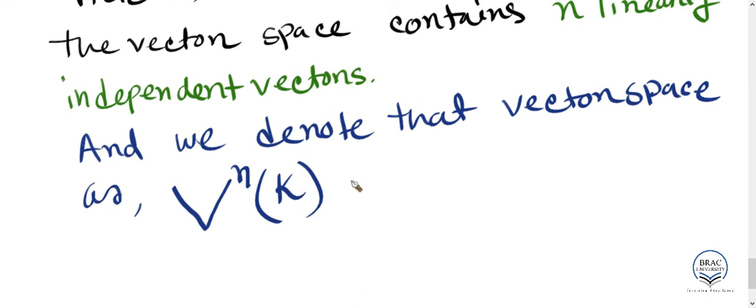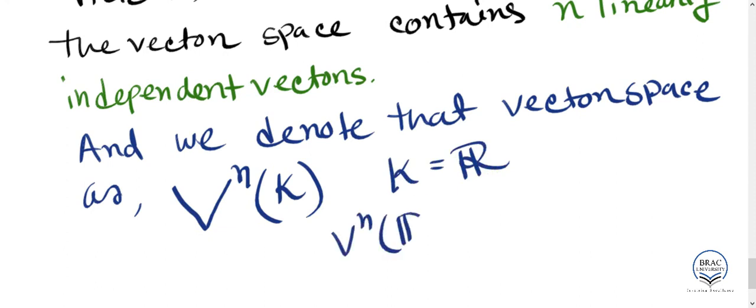So if K is R, that is the real numbers, then we write it as V of n R, and this is a real vector space.